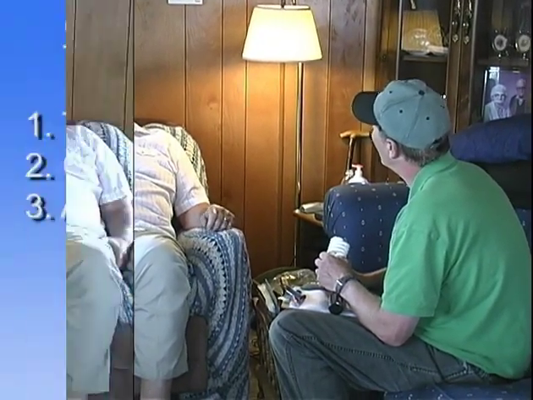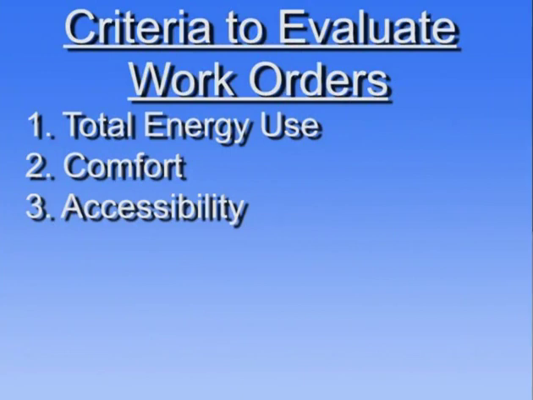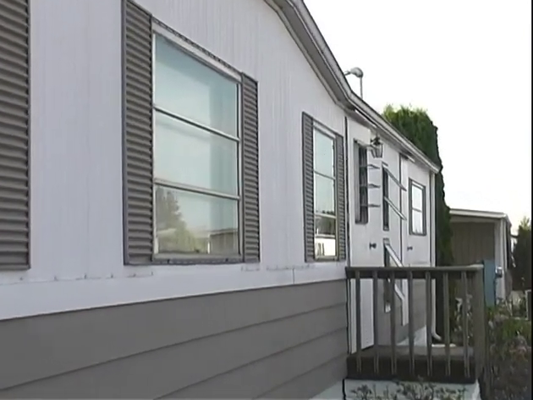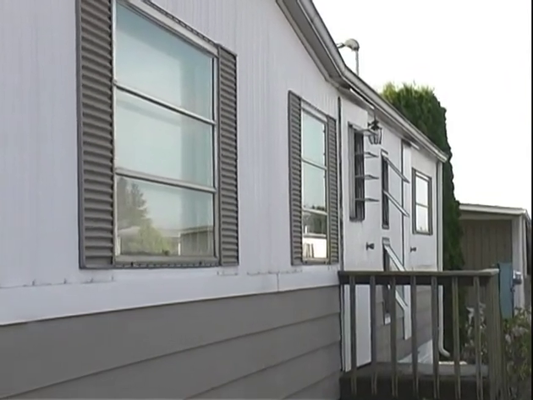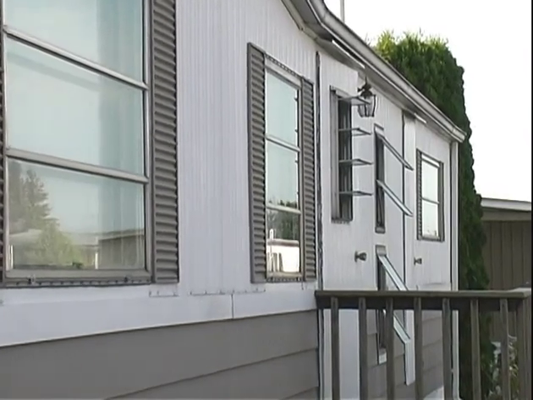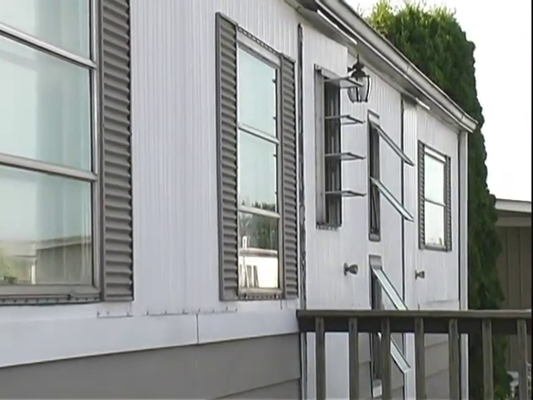Accessibility is the third criteria we use when looking at weatherization measures for a mobile home. Essentially, this means, are we even able to get the measure that we'd like to do done? Occasionally, we are not able to actually insulate a wall because there's already insulation in the wall.